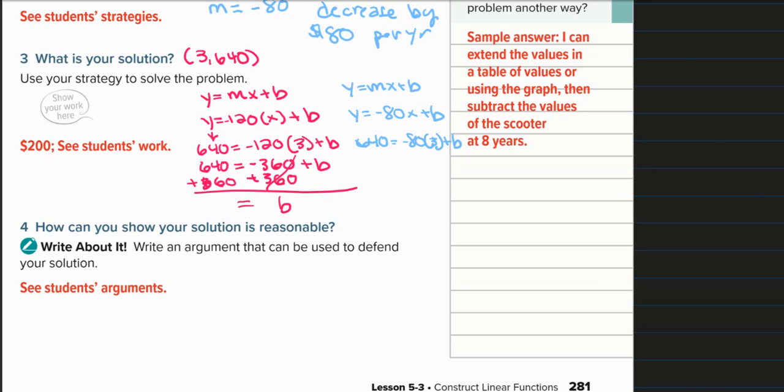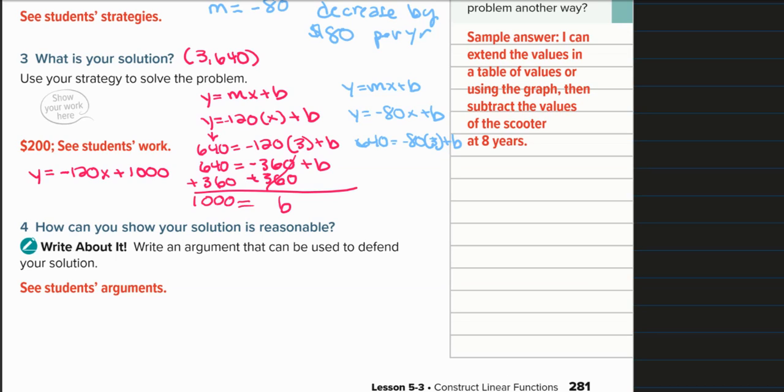So we have 640 plus 360 is 1,000. So that's going to be our first equation. So for the jet, we're going to have y equals negative 120x plus 1,000, because 1,000 is going to be the initial cost for the jet.